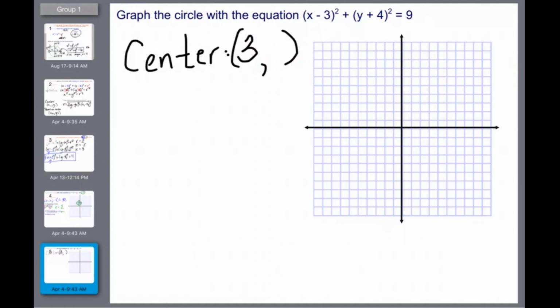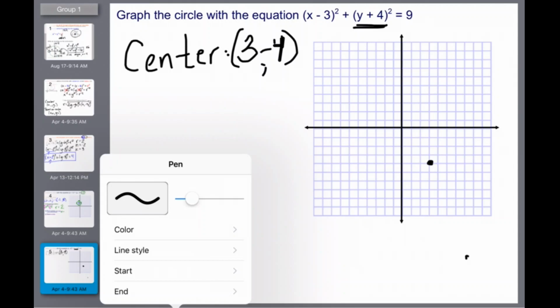Our k is attached to our y, and since it's +4, our k value is going to be -4. So we have the point (3, -4) for our center. All right, so let's plot that point. We have +3 to the right and -4 below. So our center is down here.